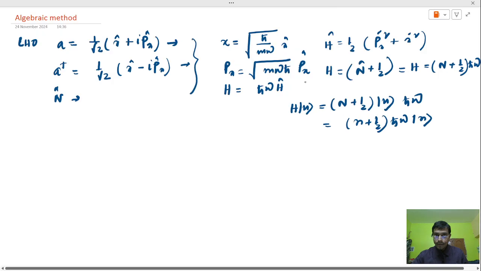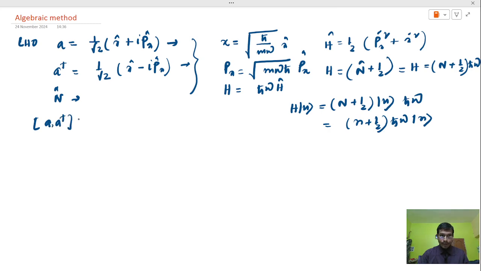Some other important formulas: the commutation relation of a and a dagger is 1, the commutator of number operator n and a is minus a, and n with a dagger is a dagger.